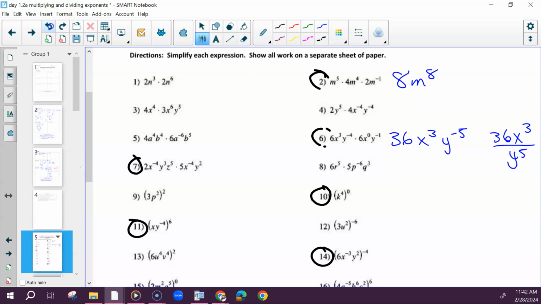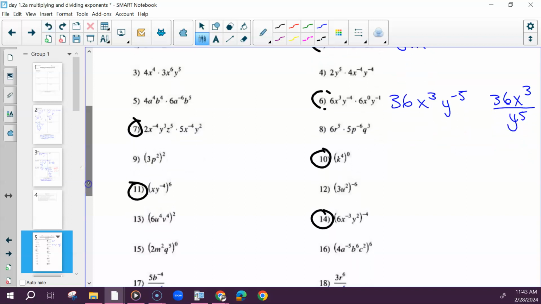So 36 x to the 3rd over y to the 5th. Questions on that one? Now, if you had changed the x to the 0 to 1, you'd still get the same answer. So how you do that is up to you.